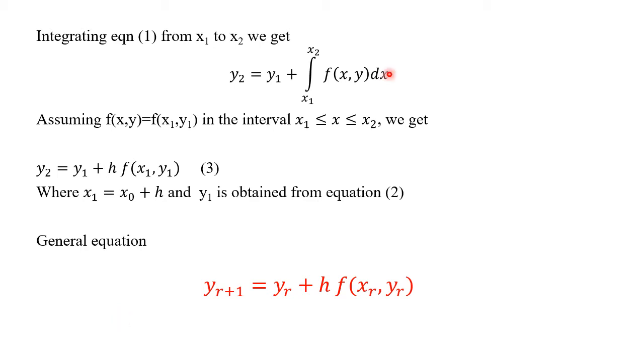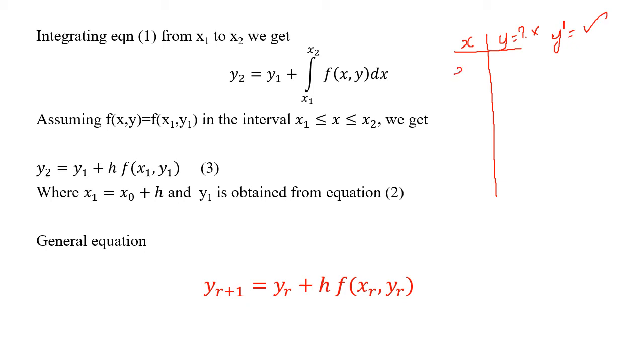In fact the problem is something like this. This is an independent variable, this is the dependent variable. So we don't know what y is, instead y dash is given.